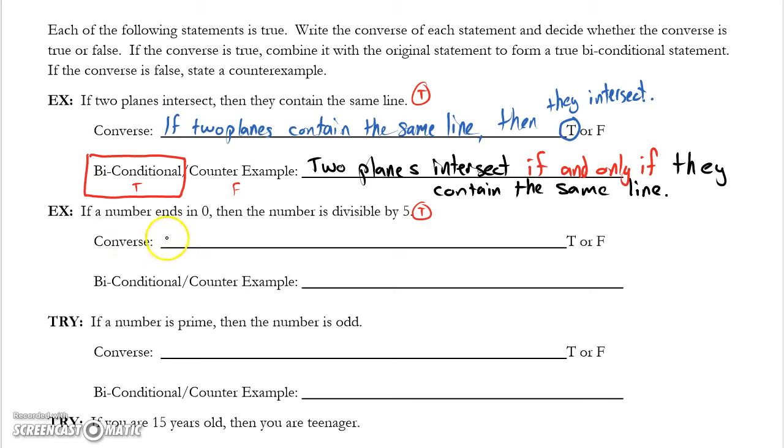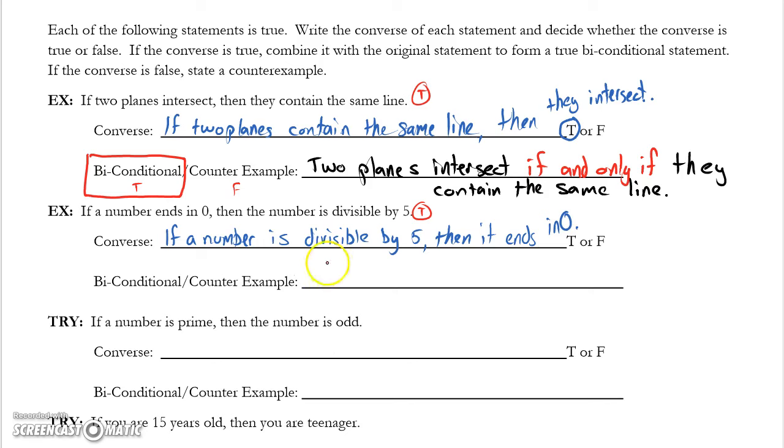My converse would be if a number is divisible by 5, then it ends in 0. Is that statement true or false? And remember, if it's true, we'll write a biconditional. If it's false, we have to have a counterexample.